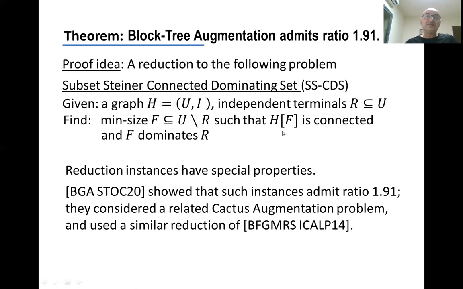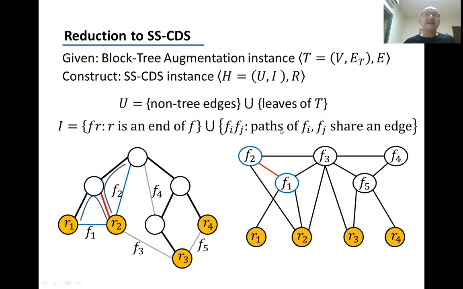So I will briefly describe the reduction. The node set of the reduction graph H is the set of non-tree edges plus the leaves of the tree. The leaves of the tree are also the terminals. For example, R1, R2 are the end nodes of F1.